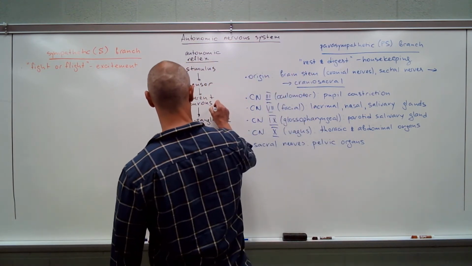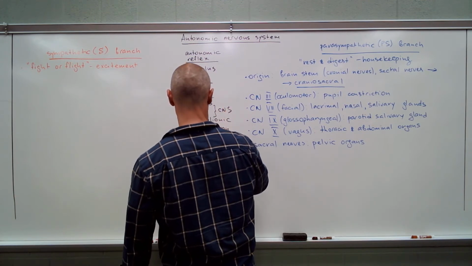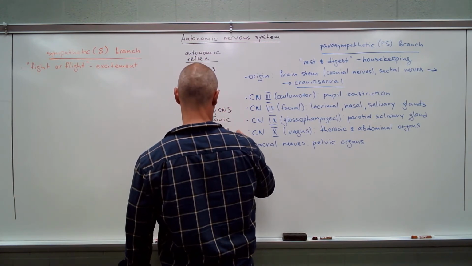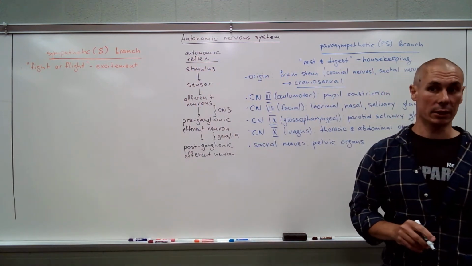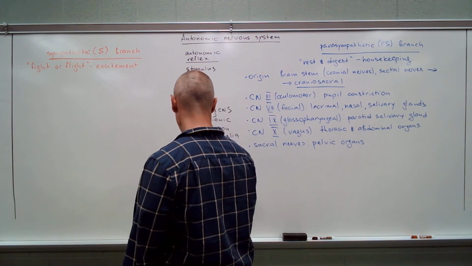So this is the CNS, this is the ganglion, and the postganglionic efferent neuron directly controls the effector.